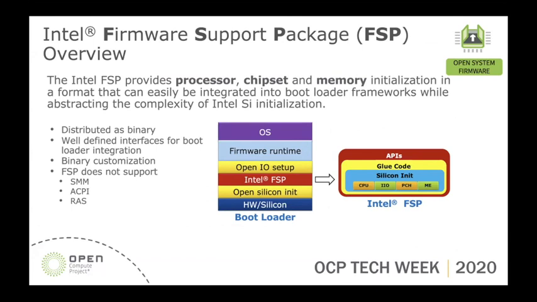I'm sure you guys are getting bored with this slide. I kept this one primarily for folks who haven't seen this before. You heard throughout the morning talks, afternoon talks about Intel firmware support package.